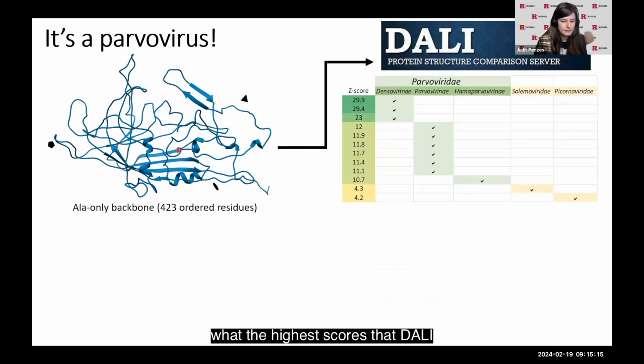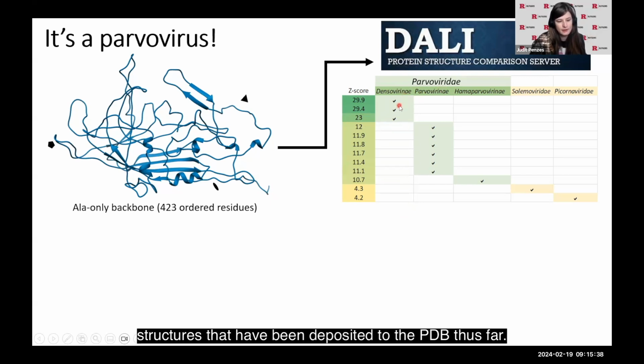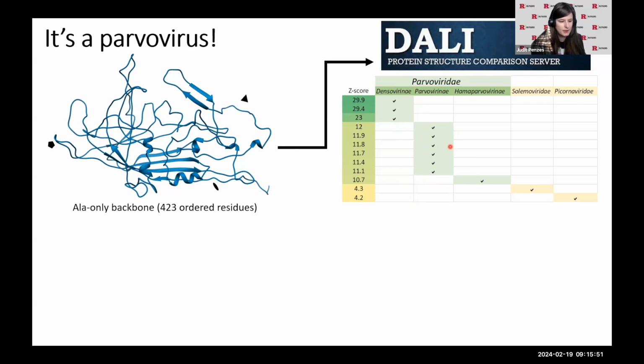And the highest scores that DALI gave us all corresponded with the Parvoviridae family, the family that contains parvoviruses and densoviruses. Out of this family, we got extremely high scores for the 3 densovirus structures that have been deposited to the PDB thus far, but some minor hits on the over 100 parvovirinae structures as well, the ones infecting vertebrates.